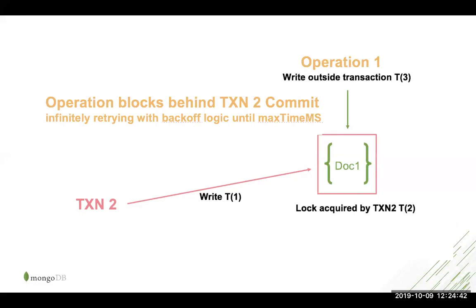But instead of aborting the write operation and surfacing a write conflict error, which would be a big breaking change across any application, the operation blocks behind the transaction committing and infinitely retries with backoff logic until maxTimeMS is reached. And maxTimeMS is that timeout that you can specify on the operation level. Great.